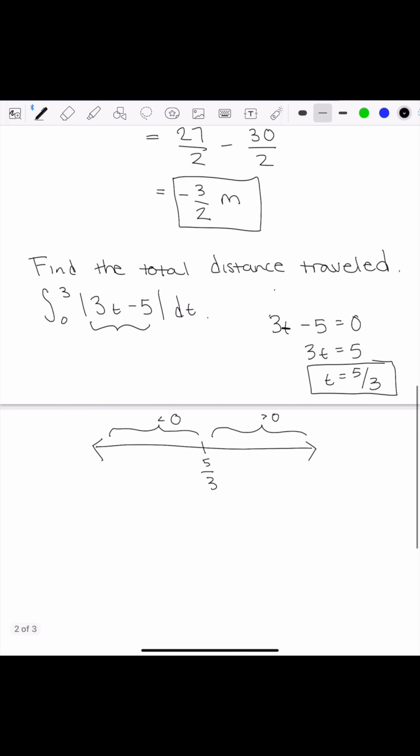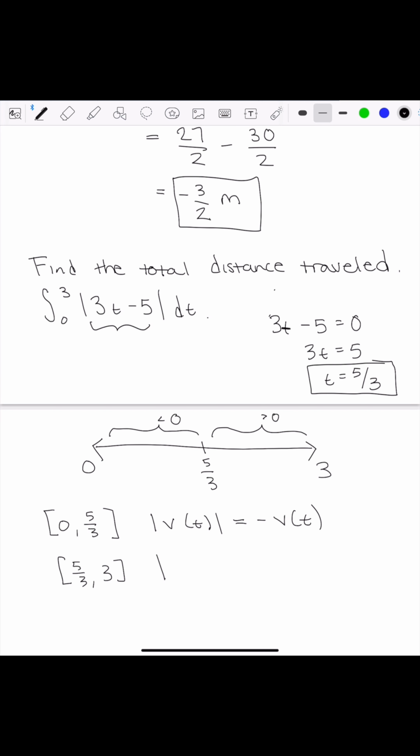And remember, our original was from 0 to 3. So we have on 0 to 5 over 3, the absolute value of v of t, it's negative. So we have to multiply it by negative to make it come out positive. And then from 5/3 to 3, we know that v of t itself is positive. So we don't have to multiply it by anything. It's automatically positive. Okay.